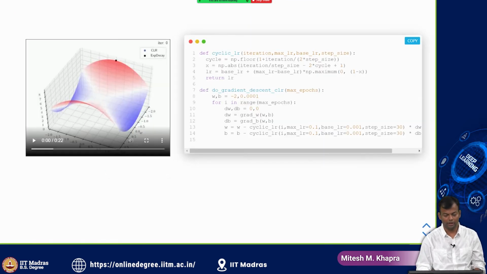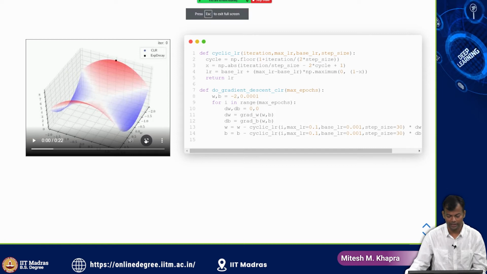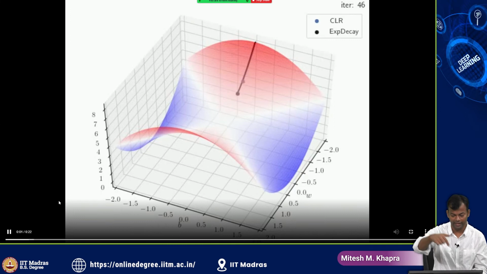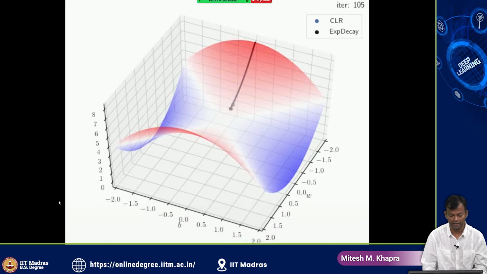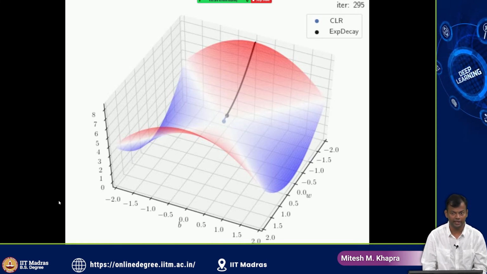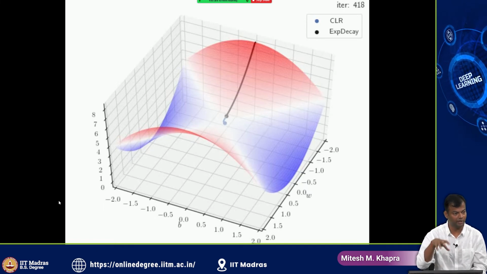Okay. So now let's see whether this actually solves the problem that we started off with, right? We have this saddle point, and we started with that initialization, and it looks like we will get stuck in the valley, right? So I have this exponentially decaying learning rate, which is the black one, and that comes into the valley and gets stuck there. But this blue one has a chance because the exponentially decayed learning rate has become very small.